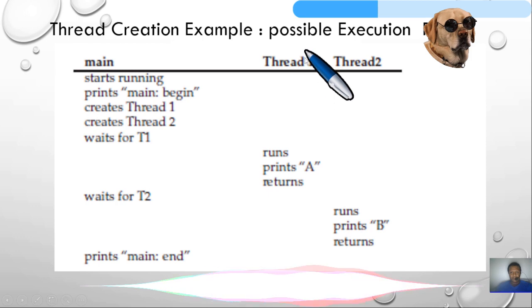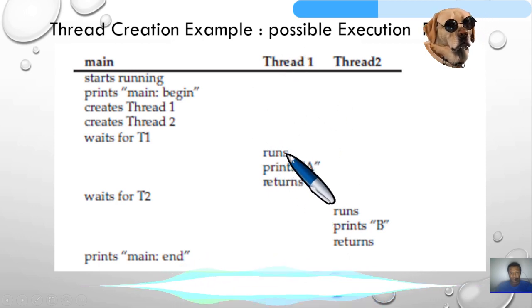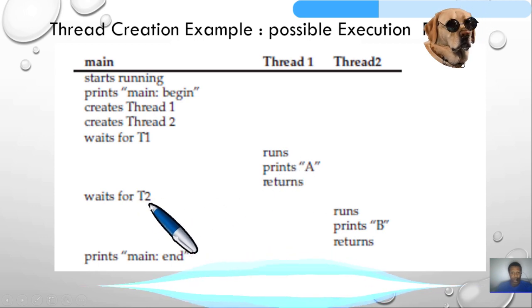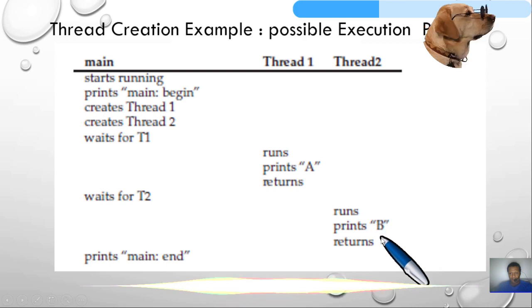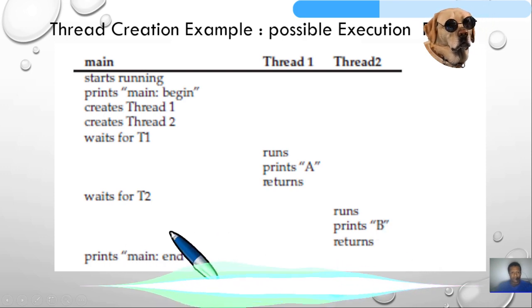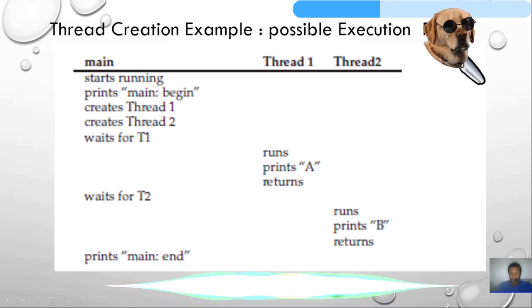When thread 1 is chosen, it runs and prints A, then returns. After that, wait for T2. After that, it runs and prints B, then prints main end. This is the first path.